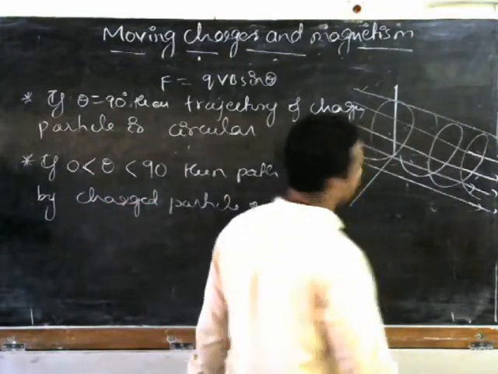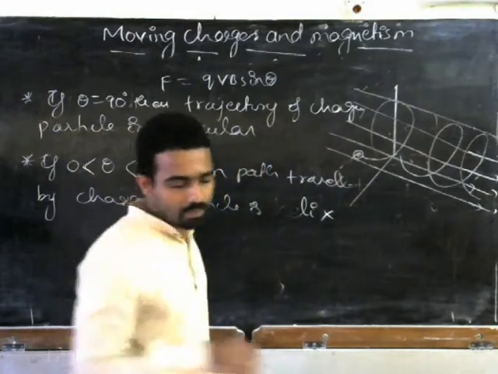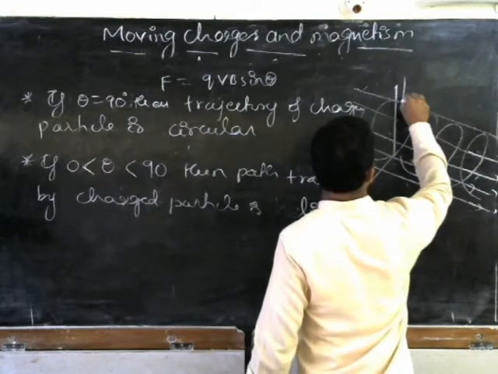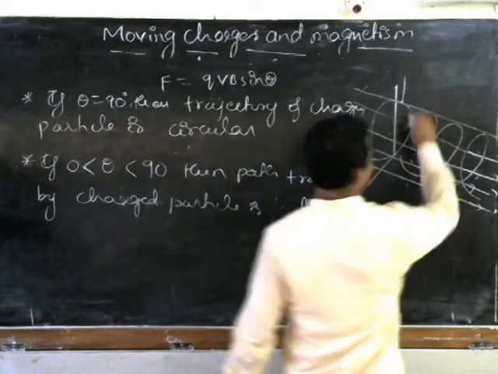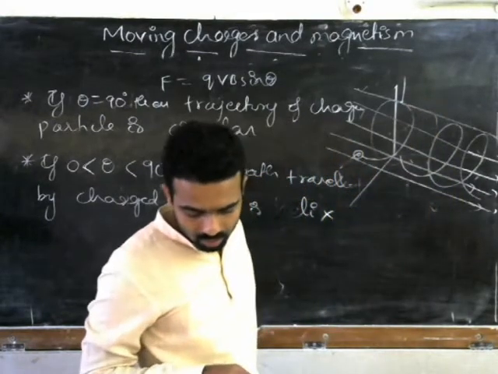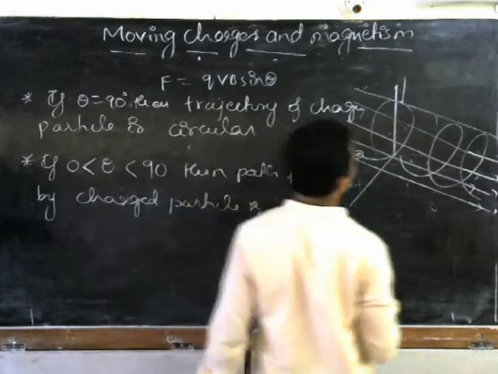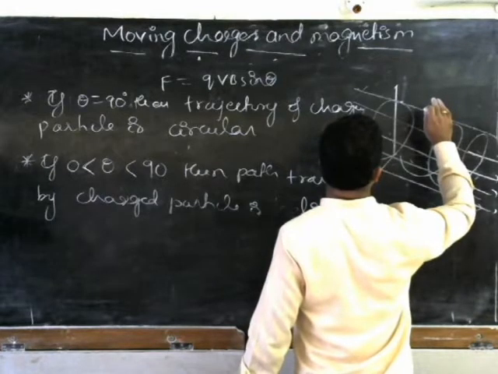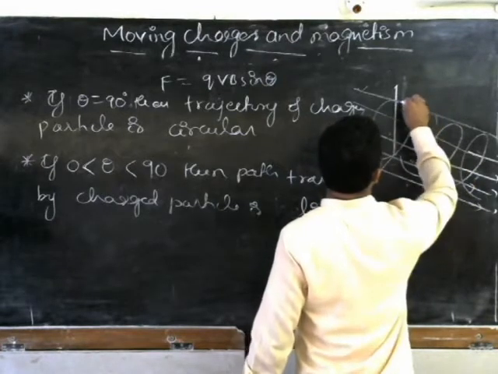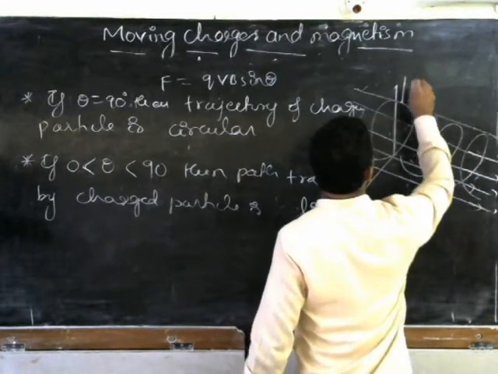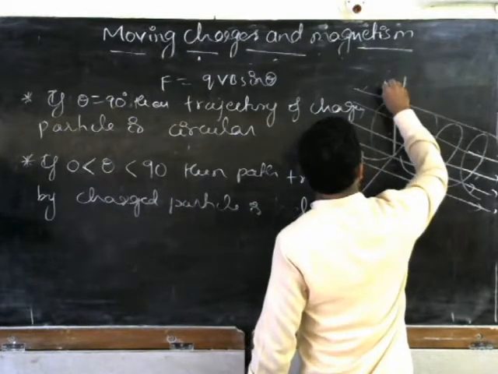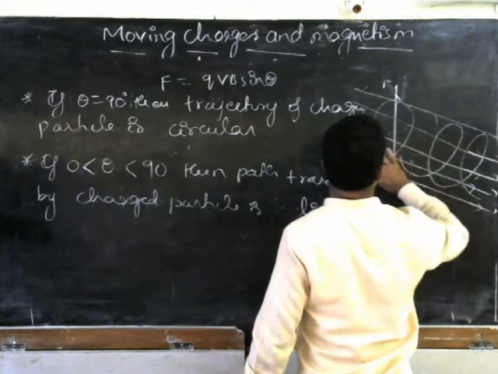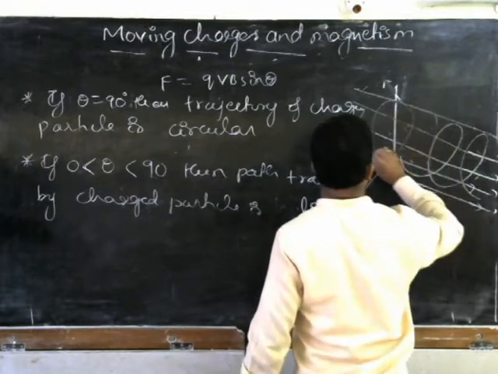So if you take the velocity at one point, if I take the velocity at this point, this is the direction of velocity here.